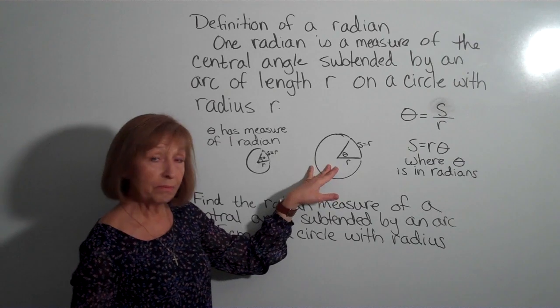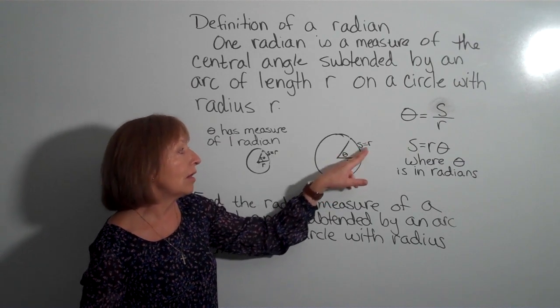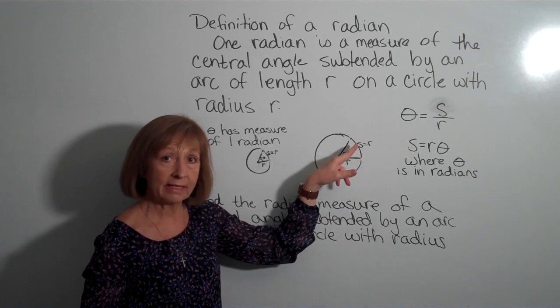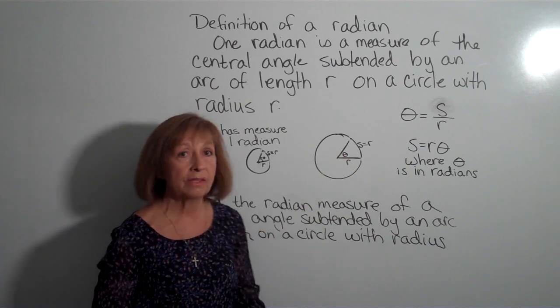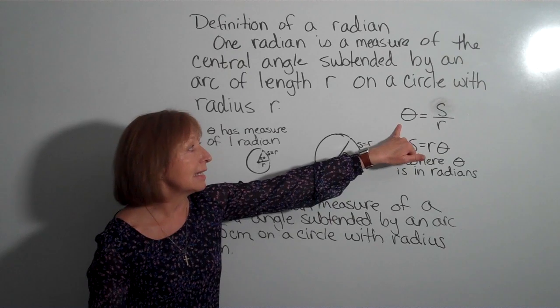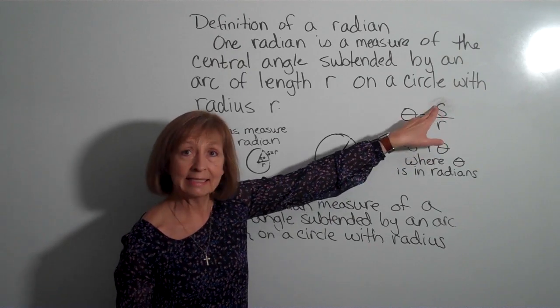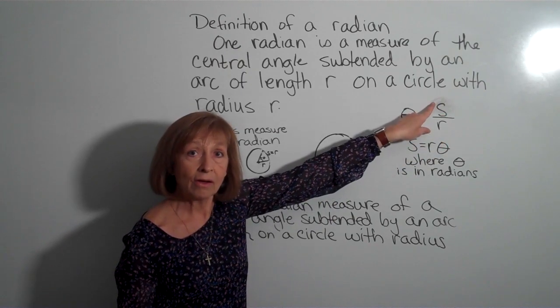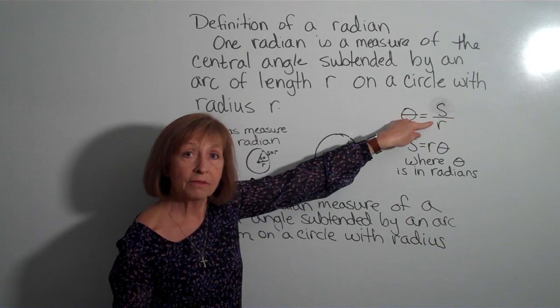Now, the relationship between the arc that's subtended by the central angle and the central angle itself is that theta is just equal to s divided by r, the length of the arc divided by the length of the radius.